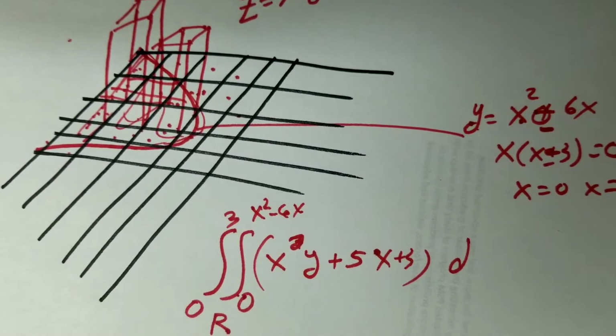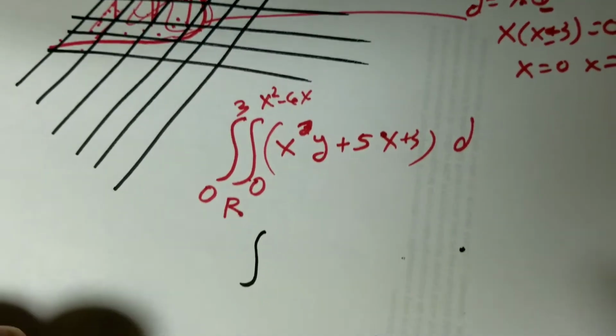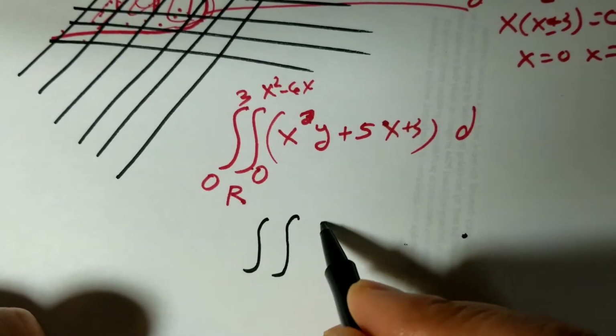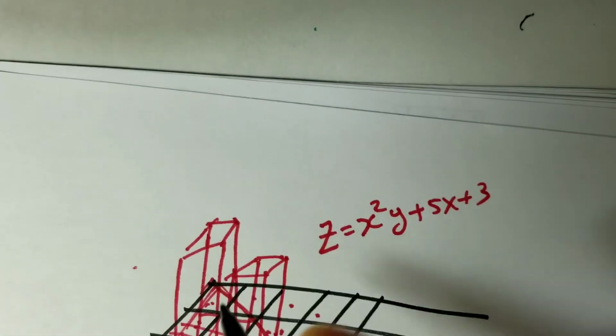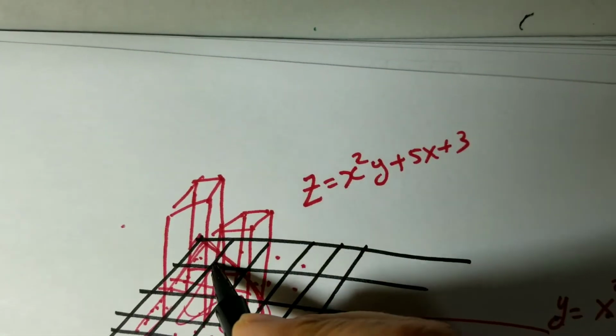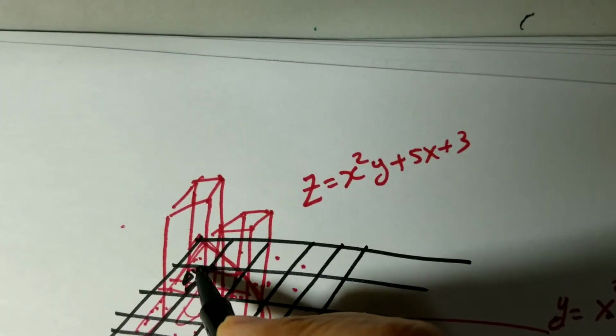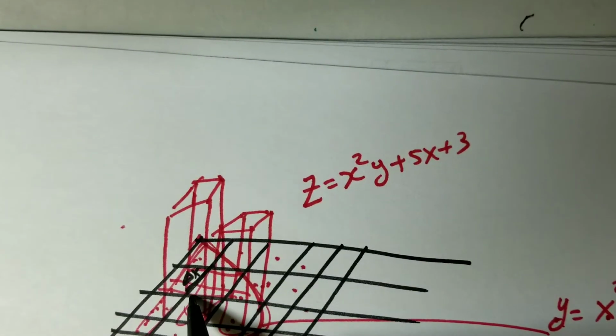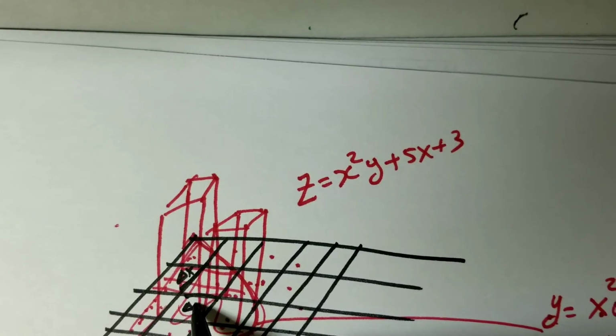But sometimes they say, please, instead of a double integral, write a triple integral. So right here, I know this one is the change in x. I know this one is the change in y.